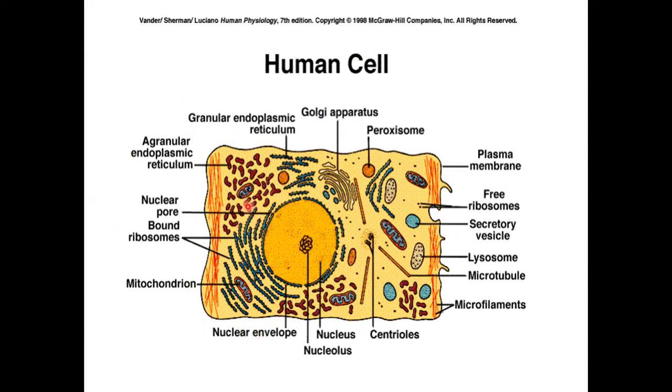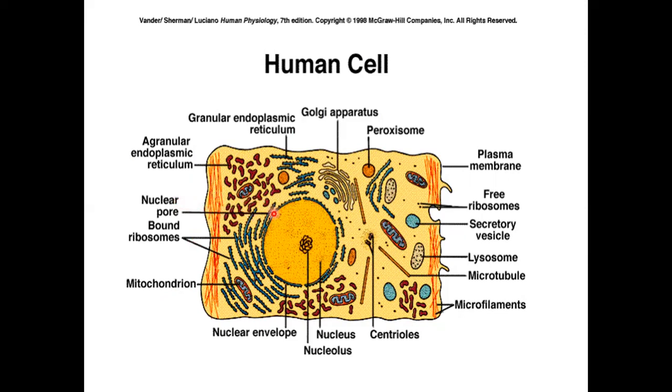So this is one cell. Let's imagine that there's another cell this side. And these cells need to remain firmly together so they can give us a solid tissue, and that tissue can give us a solid organ. To hold these cells in position to one another, you need intermediate filaments.